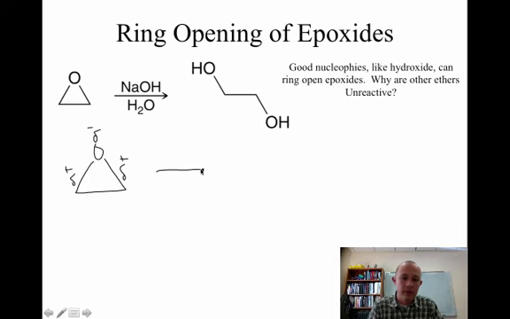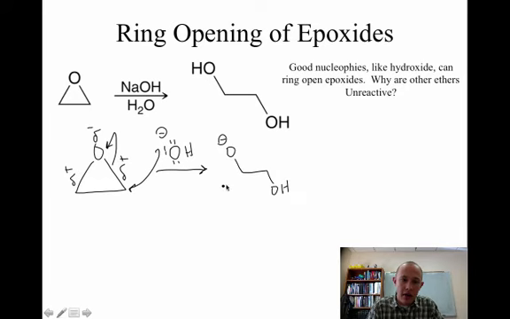So for example, the hydroxide could pop it open here. This is a great reaction because we've relieved ring strain, right? So now we have an O-, and this OH came from the hydroxide. So this is our new bond that formed.